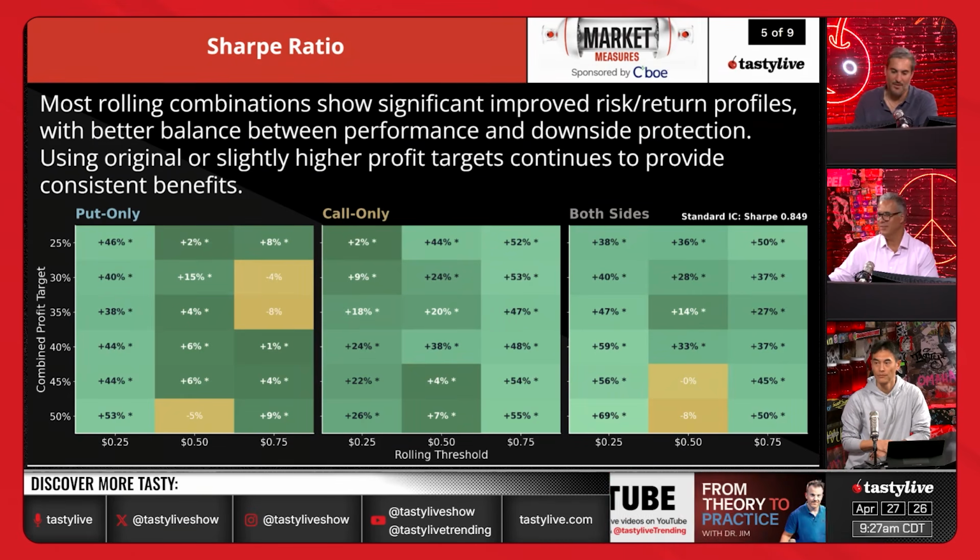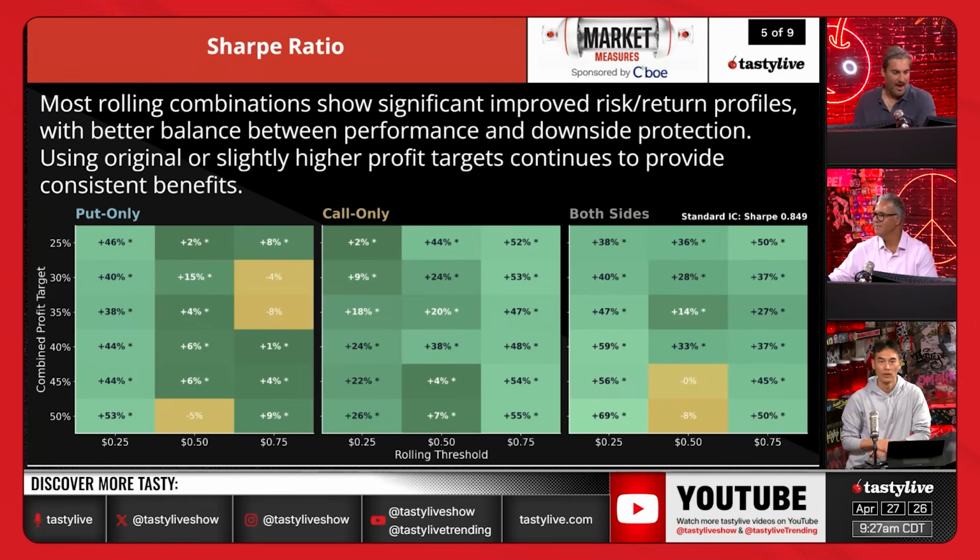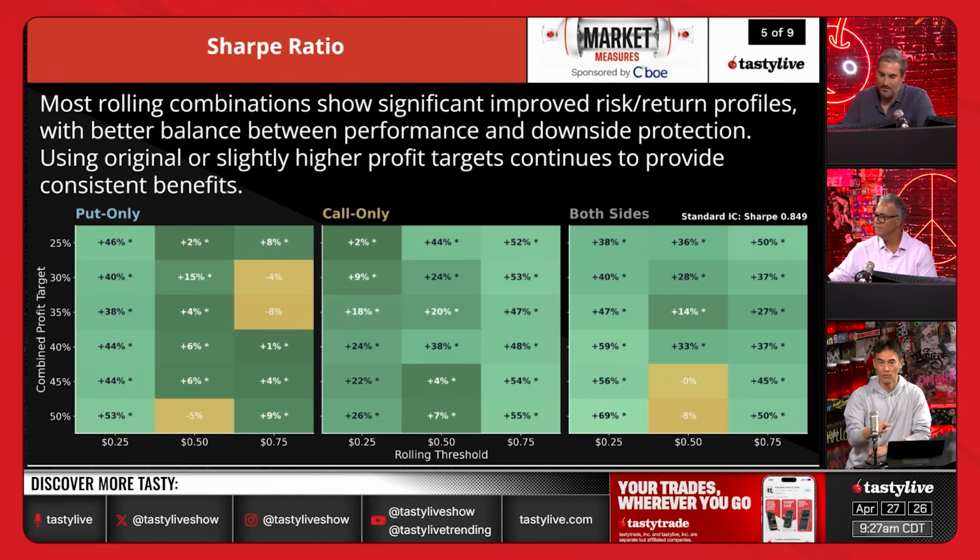You know you're going to have some high volatility here. It's a really cool metric, and it's interesting to see it being better with the management. Don't try to match those numbers against your regular portfolio. Just look at the improvement between the two different scenarios: manage without rolling, and with rolling.